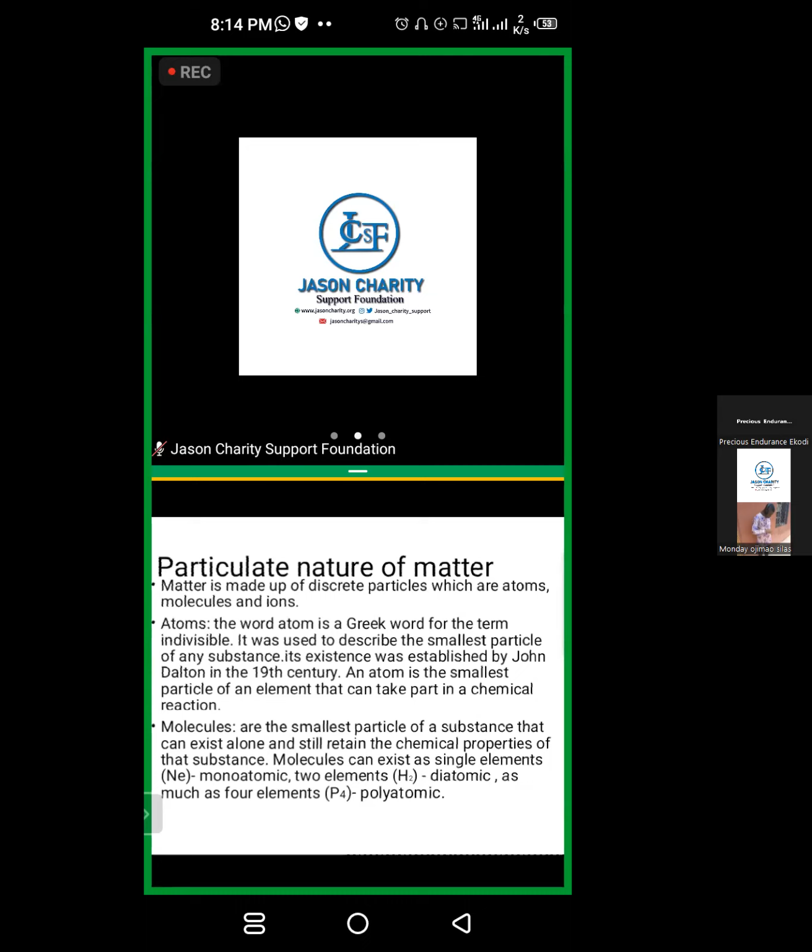For 4 and above, when we have atoms paired in 4s or 5s or 6 or 8, they are called polyatomic. An example of this is phosphorus. Phosphorus gets paired in 4, and that is how it exists in nature. Example, oxygen could be diatomic and still be triatomic.